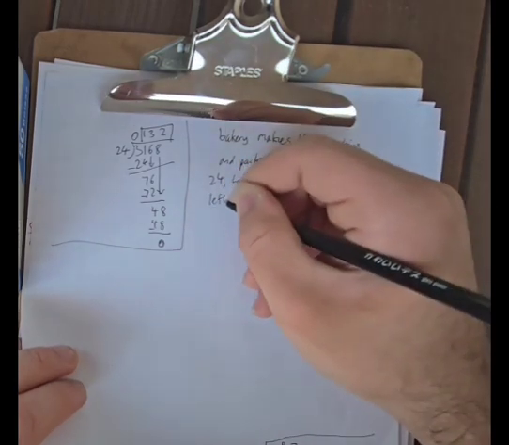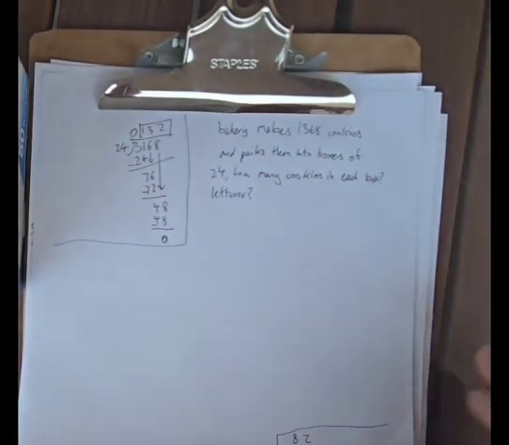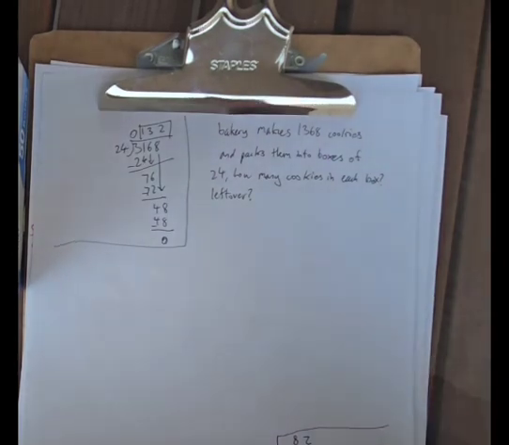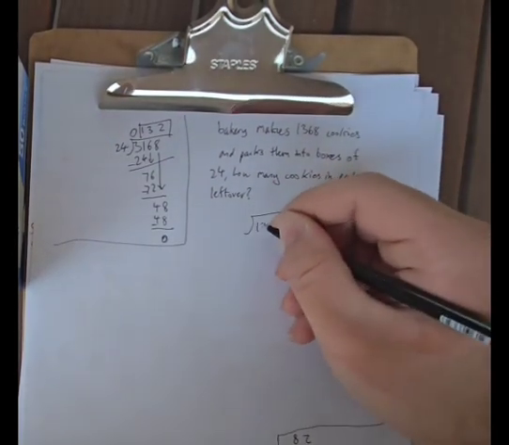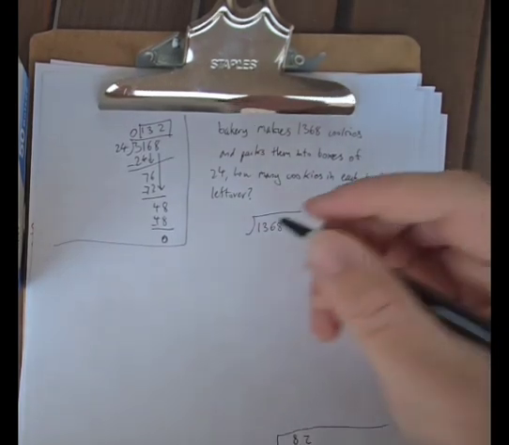And what's the leftover? So we can see that 1,368 is our dividend. It's what we need to divide. And 24 is the divisor, because that's what we're dividing it by.